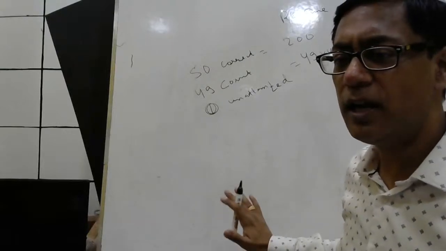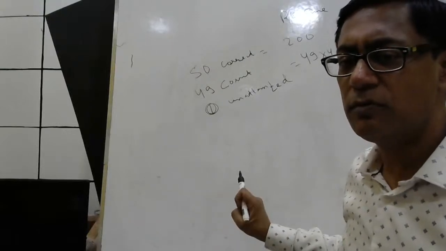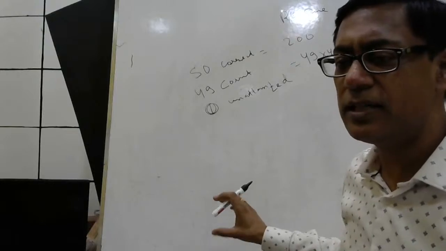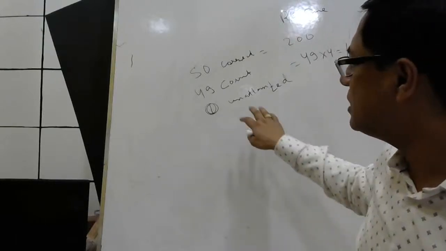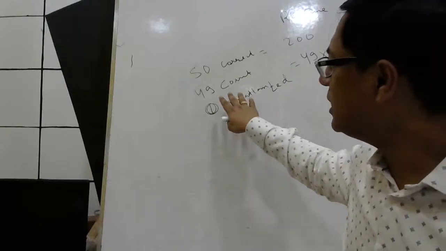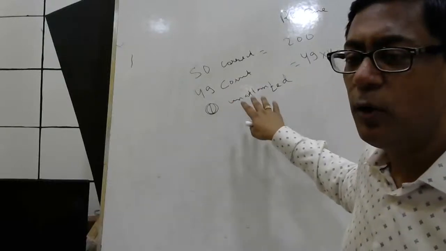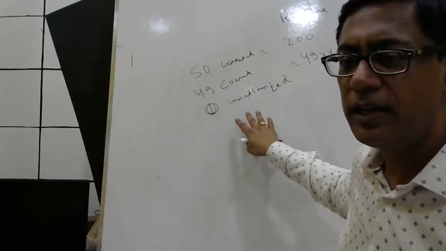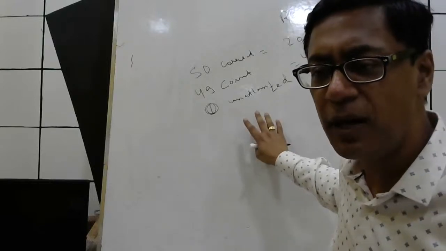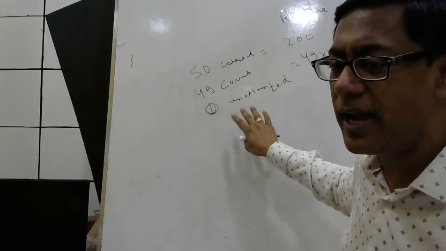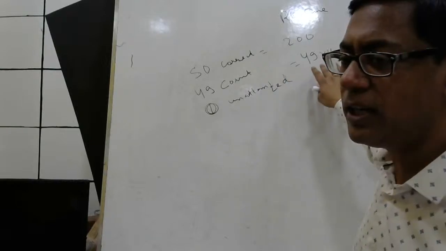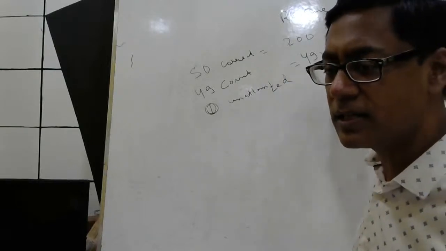Yes or no? You're clear? Please do tell me. People who are on YouTube, at least they can comment. I can see that comment, and you can tell me whether you have understood 49 correct and 0 unattempted. When you are not attempting, there is no negative marking. So the maximum score with 49 correct is going to be 49 into 4, which is 196.